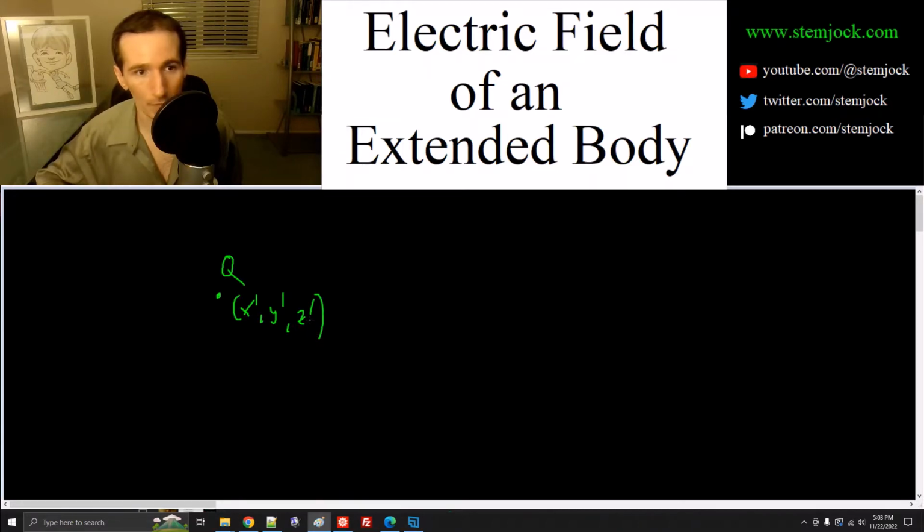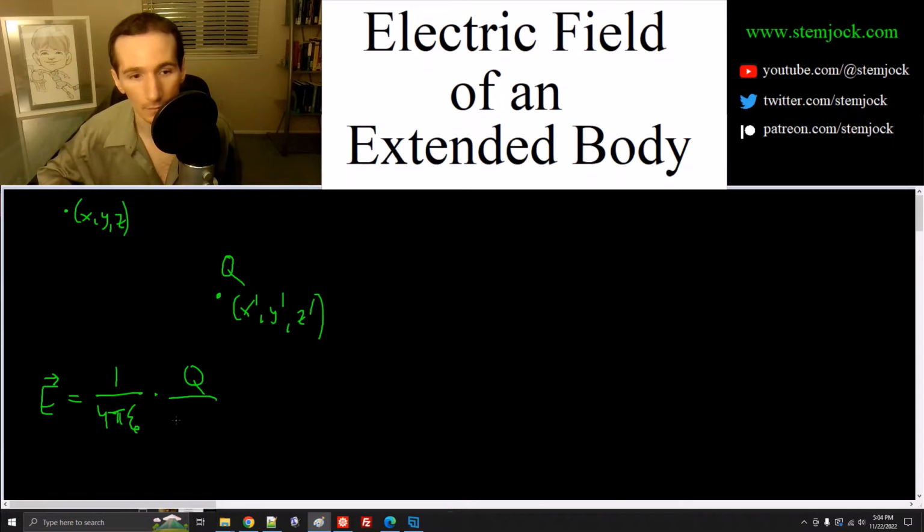If we want to know what the electric field is at another point, say at x, y, z, Coulomb's law tells us that the electric field at x, y, z is, in SI units, 1 over 4 pi epsilon 0 times the charge over the distance between the points squared. So I'm calling the distance a script r. That is the distance from x, y, z to x prime, y prime, z prime.